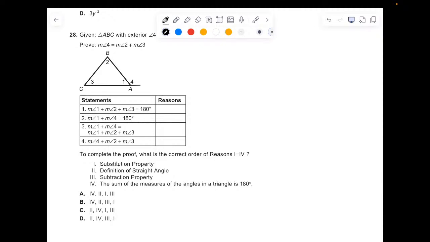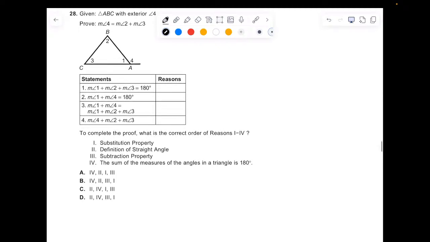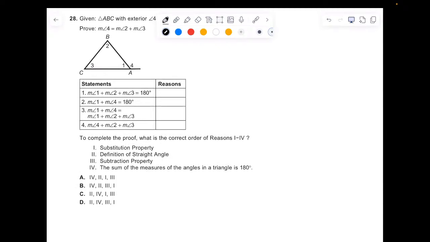Prove that angle 4 is equal to angle 2 plus angle 3. Okay. M1 plus M2 plus M3. Alright, well, we're starting with 4.